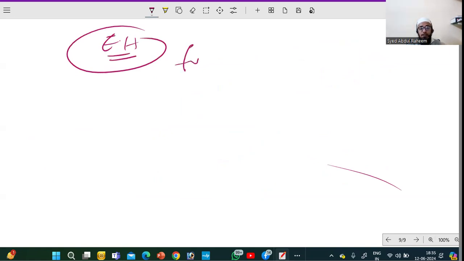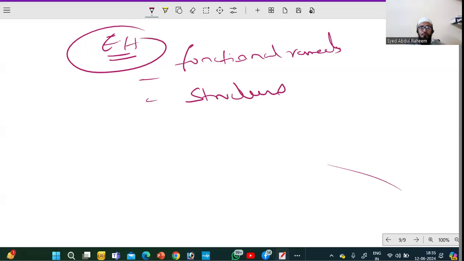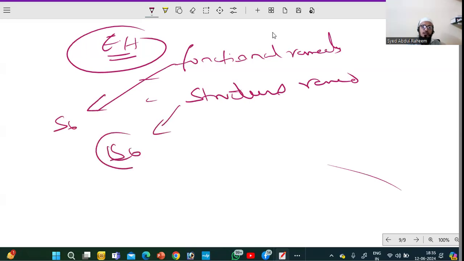So what can we do as electro homeopathy practitioners? Basically, we have functional remedies and structural remedies. In the functional remedy, we have S6. In the structural remedy, we have C6.